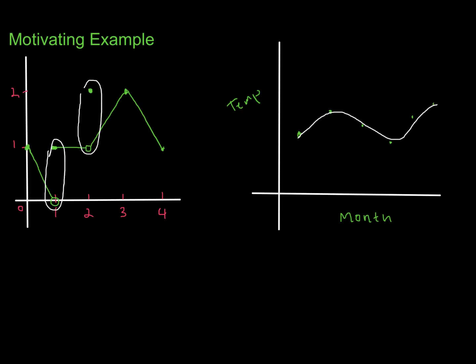And also notice that if we go to the left of 0 or to the right of 4, the function is not defined at all. I can't even draw it if I wanted to. So these would also seem to be places where f is not continuous.